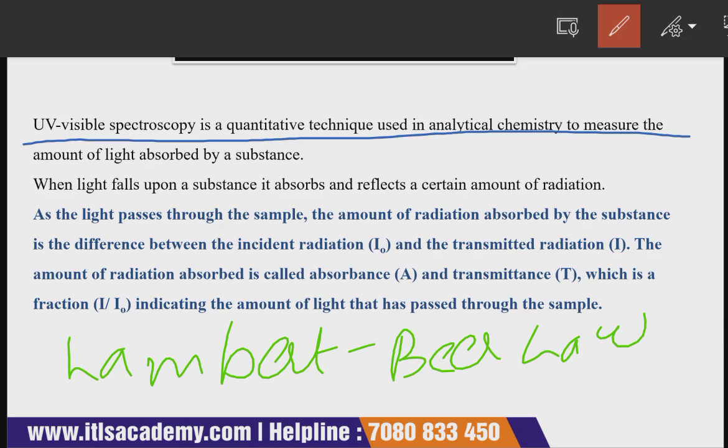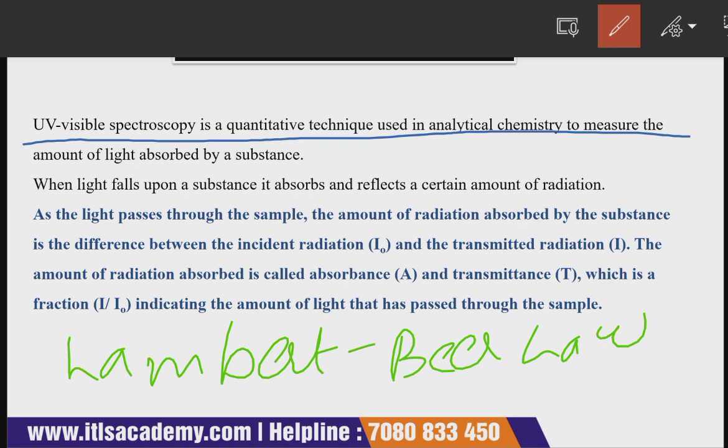That is the reason it is known as a quantitative technique used in analytical chemistry, to measure the amount of light absorbed by substances.